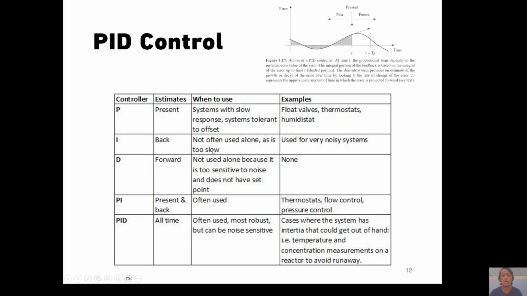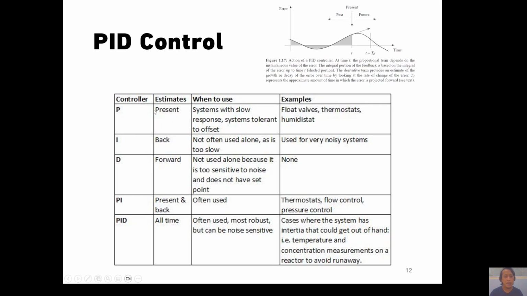When the system is tolerant to offset, we can use only the P controller. I and D are not usually used alone, so we have to combine them with the P controller. Sometimes it's a PI or PD controller, and the best one is PID.